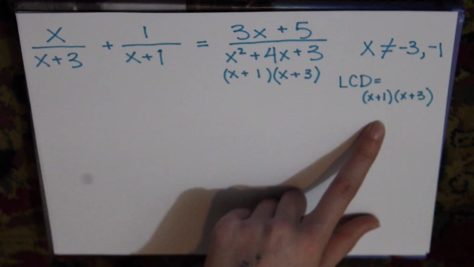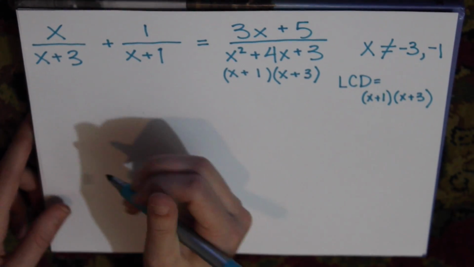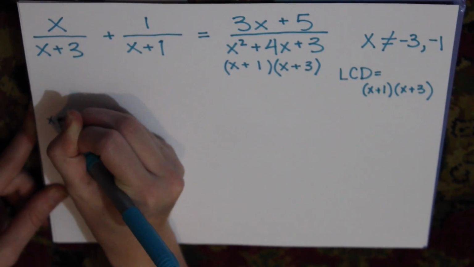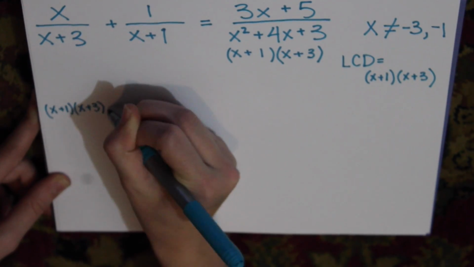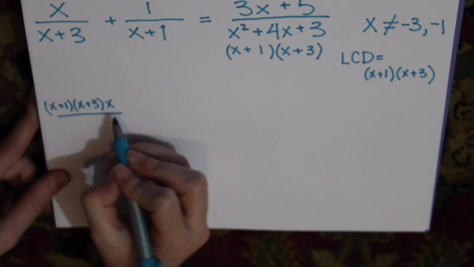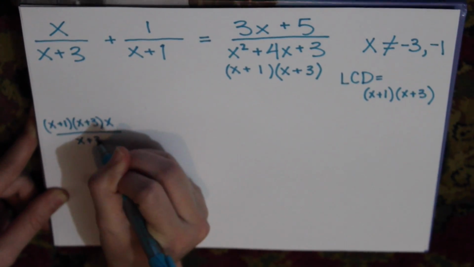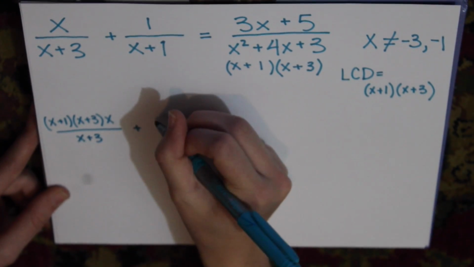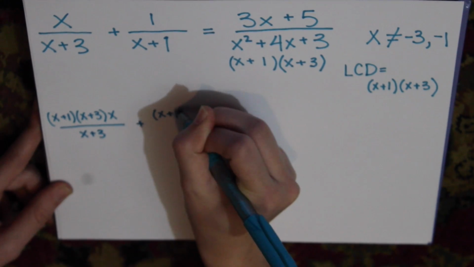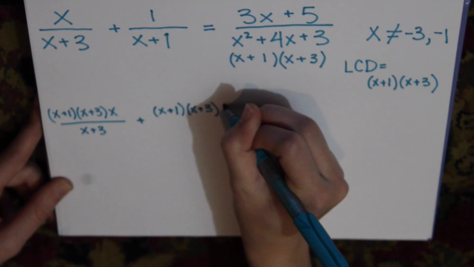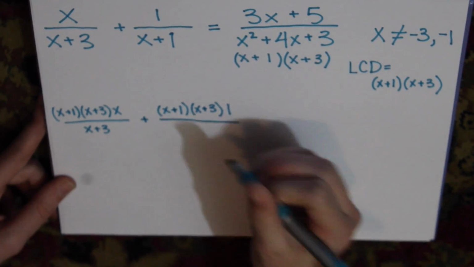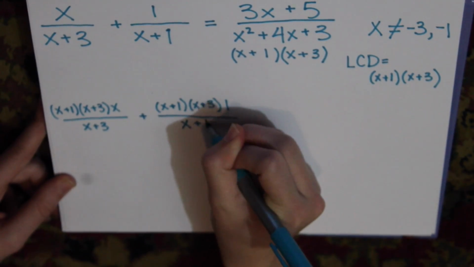So now we'll use this lowest common denominator and multiply each part of the equation by it. So we'll get x plus 1 times x plus 3 times x over x plus 3, plus x plus 1 times x plus 3 times 1 over x plus 1.